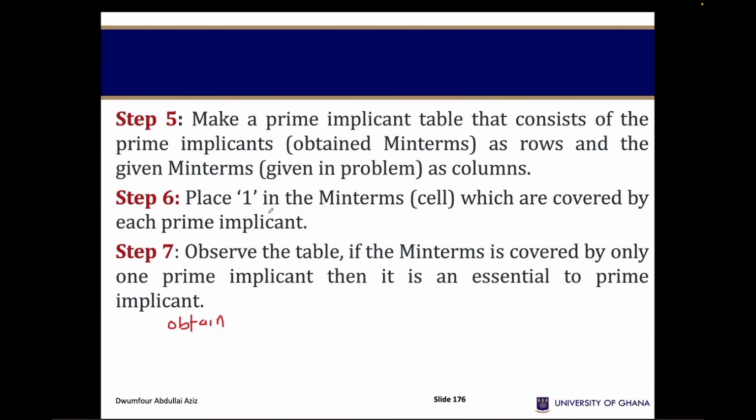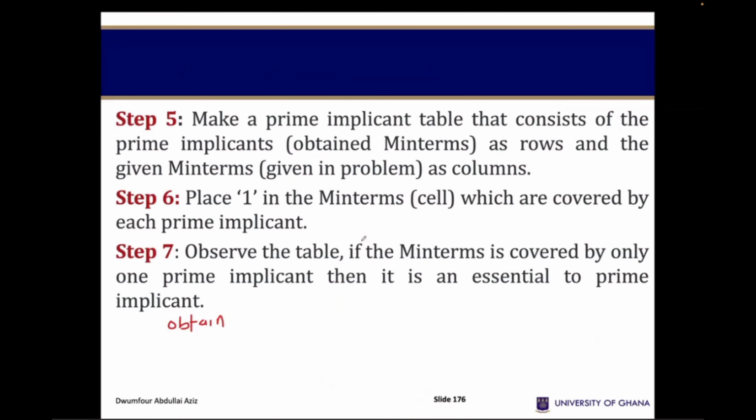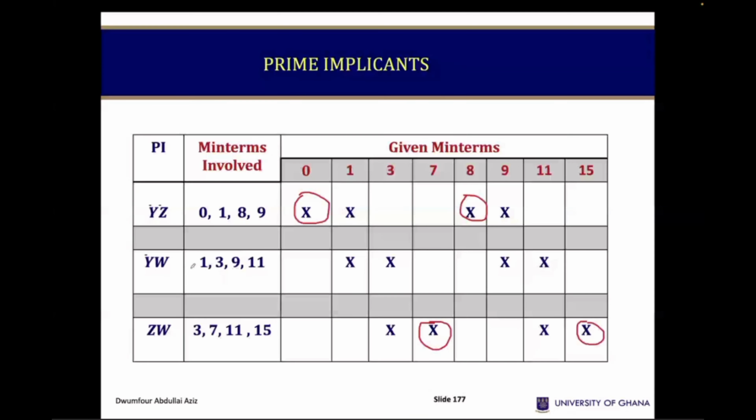Then the min terms corresponding to this are 1, 3, 9, 11. And then the last one is 3, 7, 11, 15. These are the obtained min terms that correspond to our prime implicants, the PIs.